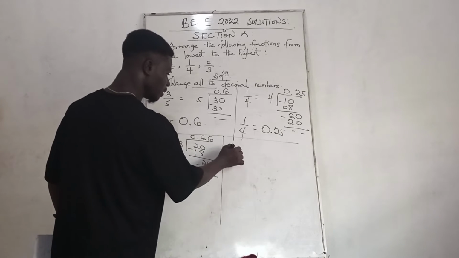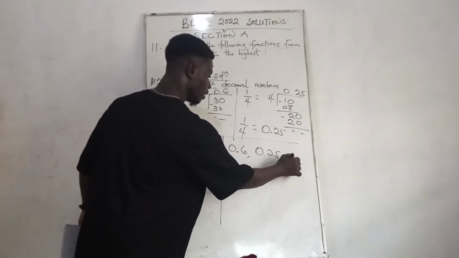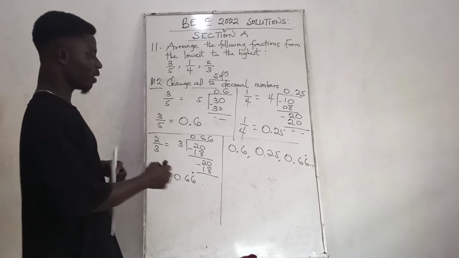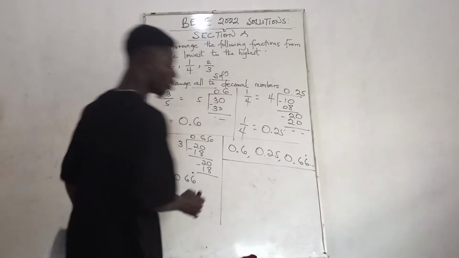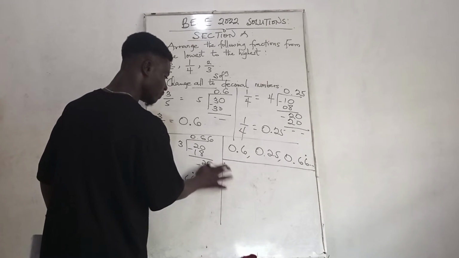So now let's see. We have 0.6, 0.25, then 0.66. If you want to compare that, we can draw our place value chart, which we have our whole numbers here.